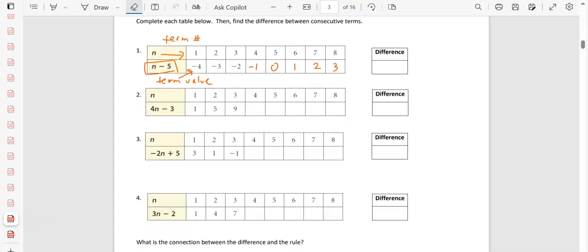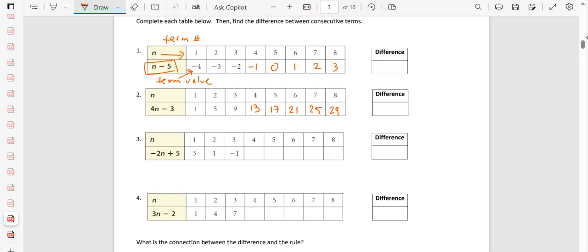Then we're going to talk about what's happening with this idea of a difference. So in this one, when n is 4, 4 times 4 is 16, and 16 minus 3 is 13. Then 17, 21, 25, 29.